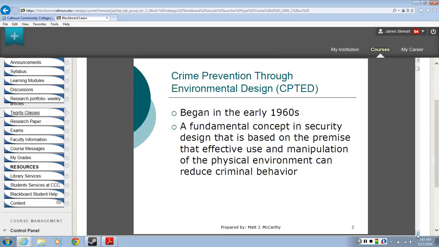For example, you wouldn't necessarily want a very high security facility so hidden from the public eye that people could sneak in and have places to hide. You don't put a lot of trees and landscaping around the buildings.